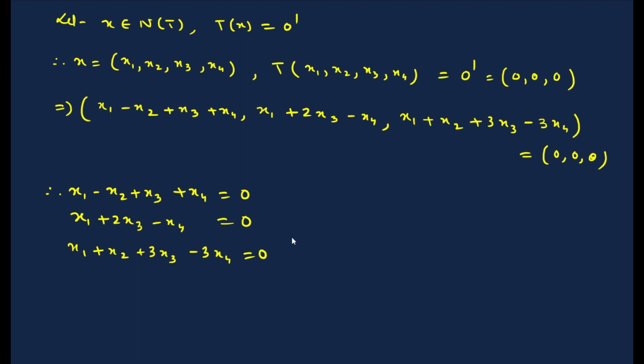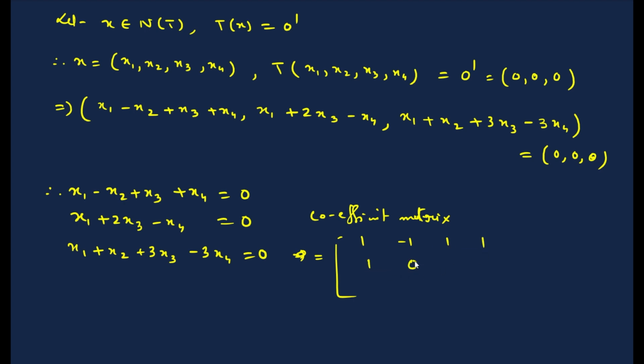So again, with these 3, we have to make one coefficient matrix. So what is that coefficient matrix? First row: 1, minus 1, 1, 1.